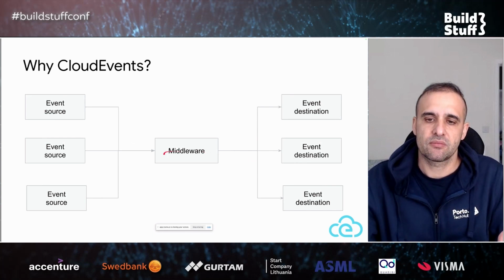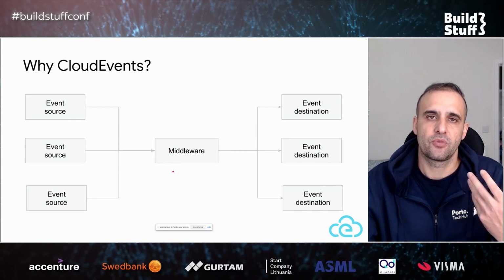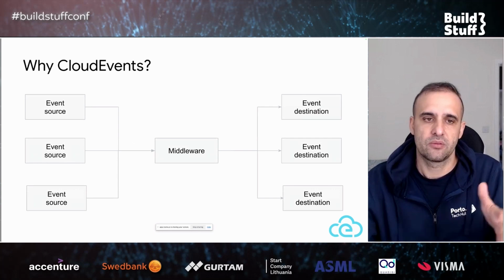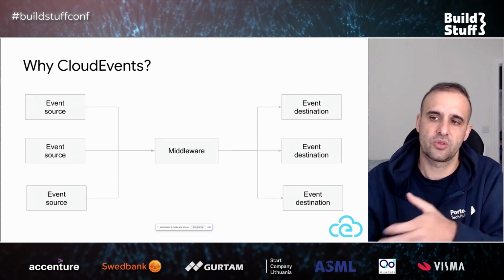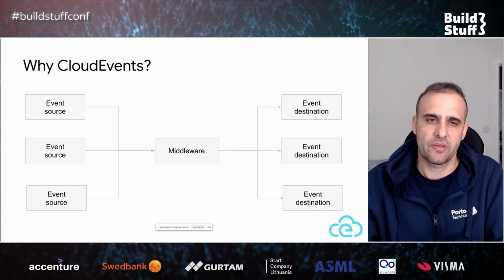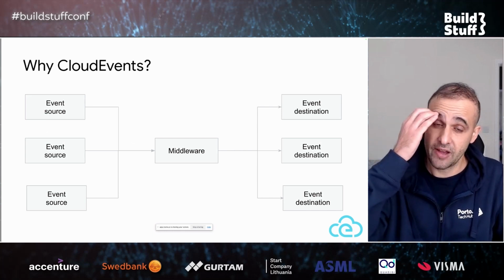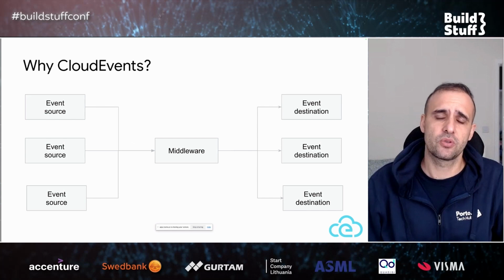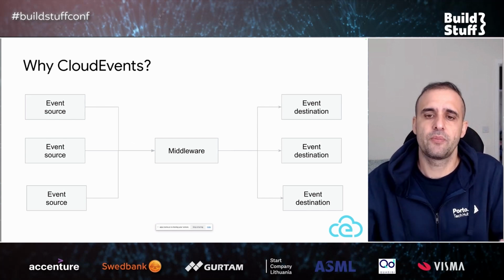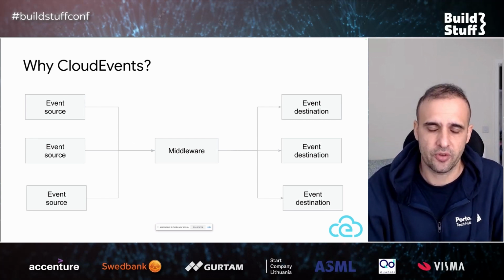Now, of course, there is going to be something in the middle that first routes these events. So you need a way to take these events from sources to the destinations. But you also probably want to do more than that. You probably want to filter some of the events. Maybe you want to enhance some of the events. So there's a little bit of middleware that sits in the middle doing this routing and enhancement and filtering and so on and so forth.